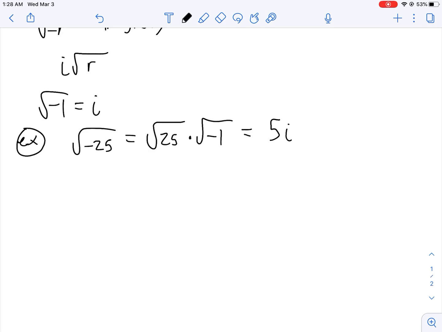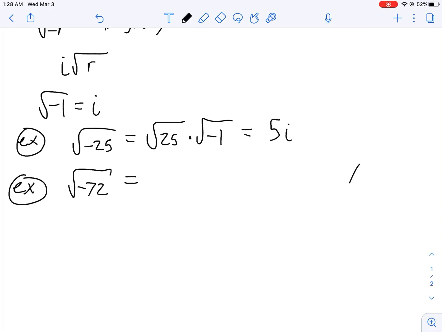We can have numbers that leave things behind in the square roots, so we need to be able to simplify radicals. So for instance, the square root of negative 72. I need to break this apart into something that's a perfect square, the negative, and whatever's left over. So when I look at 72, there is a perfect square in here.